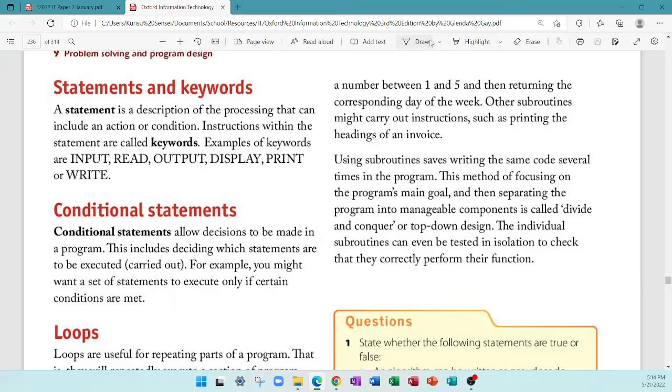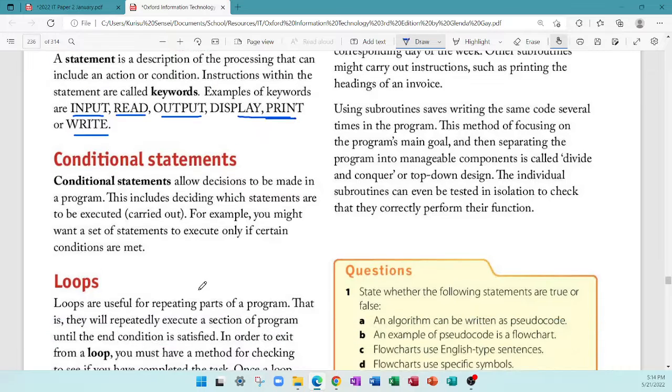Yeah. So keywords are going to be input, output, display, print, write, and so on. And statements are going to be if, while statements. So basically all of your loop statements and so on.